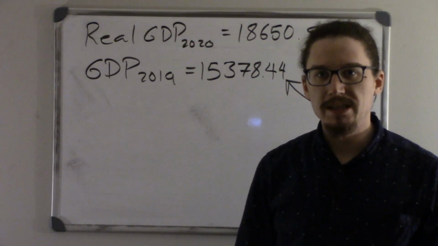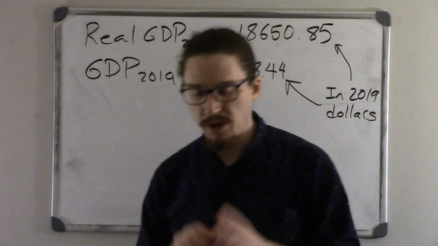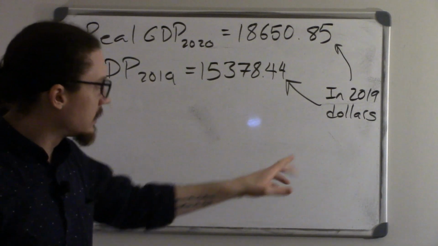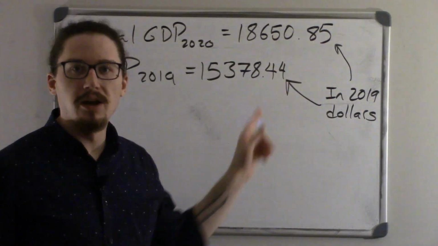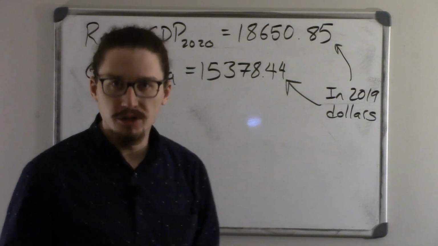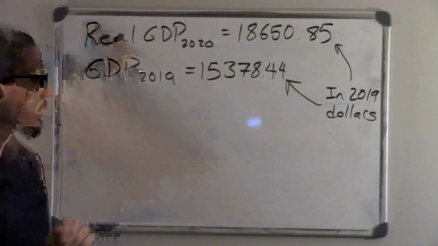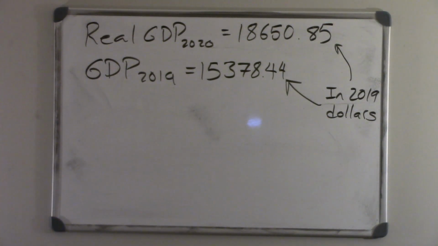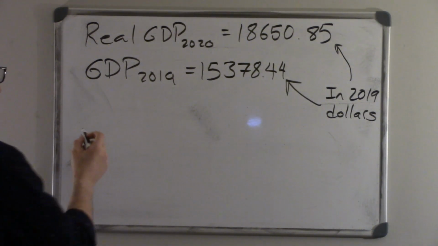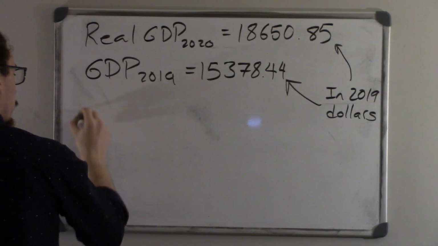The idea here is that the nominal GDP for 2019 is the real GDP for 2019 in 2019 dollars. It's a little confusing, but the biggest thing is they need to be calculated with the same base year, the same year's prices, and so on. As long as we've got that, we're good to go.